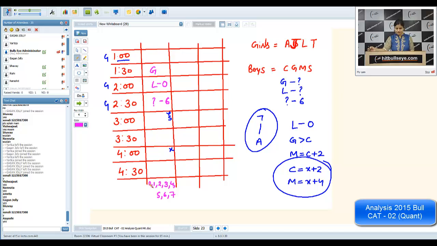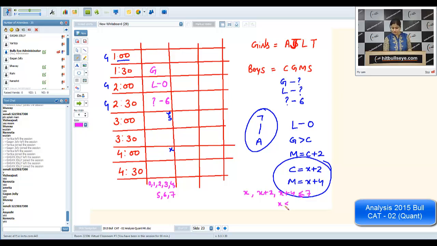Now we will take more information. The student who has 7-year experience should be before A. Now, as you can see, x plus 2, x plus 4, they all should be less than or equal to 7. If they all should be less than or equal to 7, the maximum value x can take is 3, because all the numbers are from 0 to 7. 0 I have used.